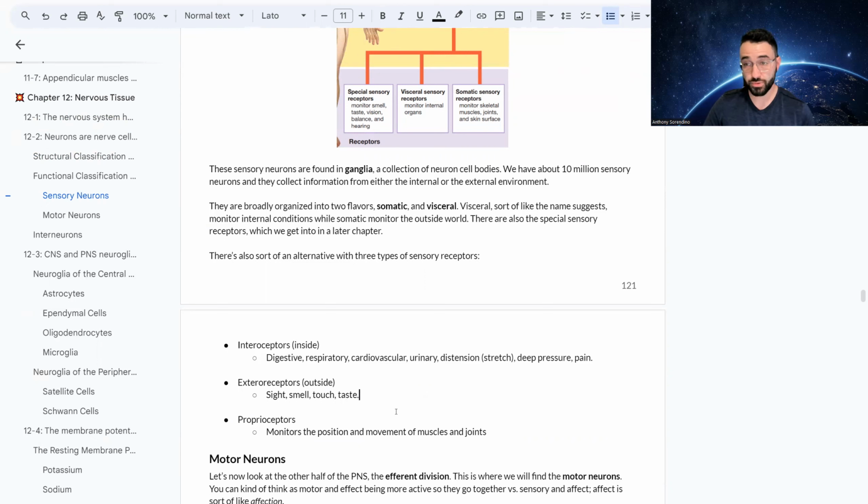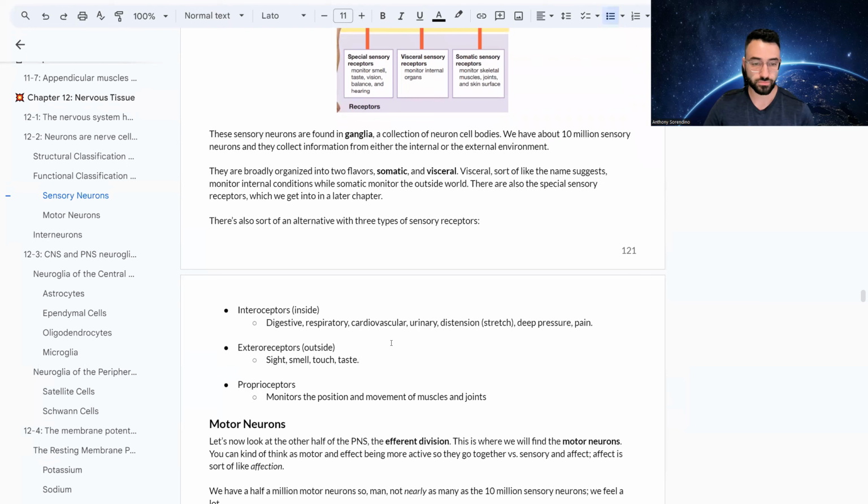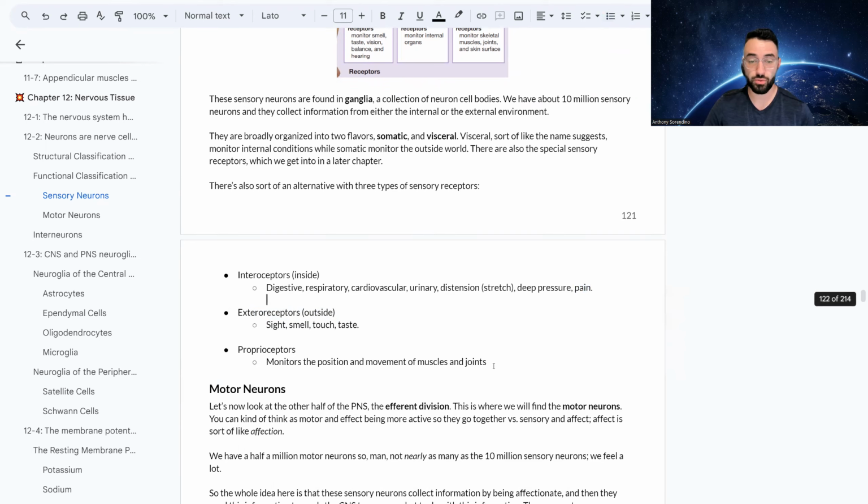The exteroreceptors, this is a good one to remember. It's not your 5 senses, it's just 4. I believe it does not do sight. Oh, it does do sight. Sight, smell, touch, and taste. So that's what exteroreceptors are doing. It doesn't do pain. Interoreceptors, they're the ones that do pain.